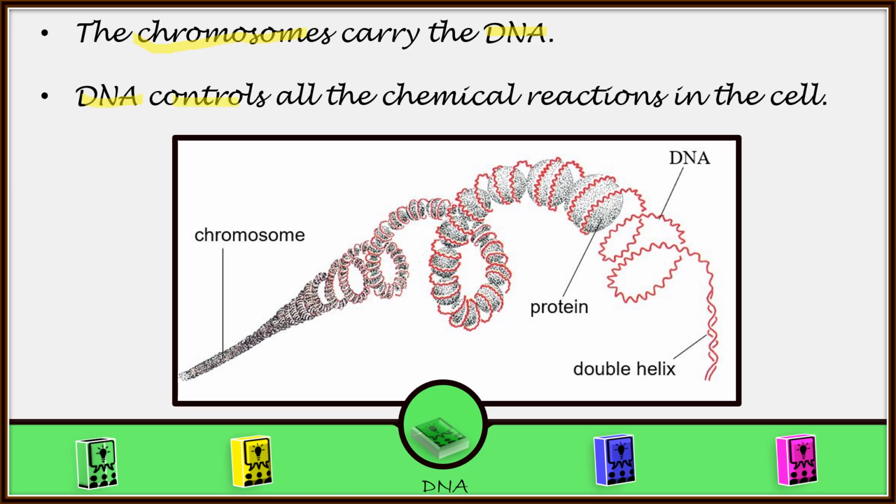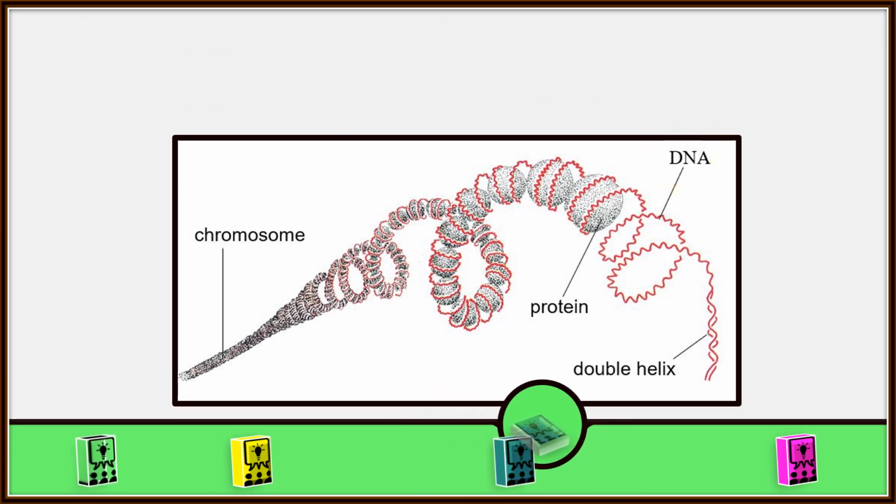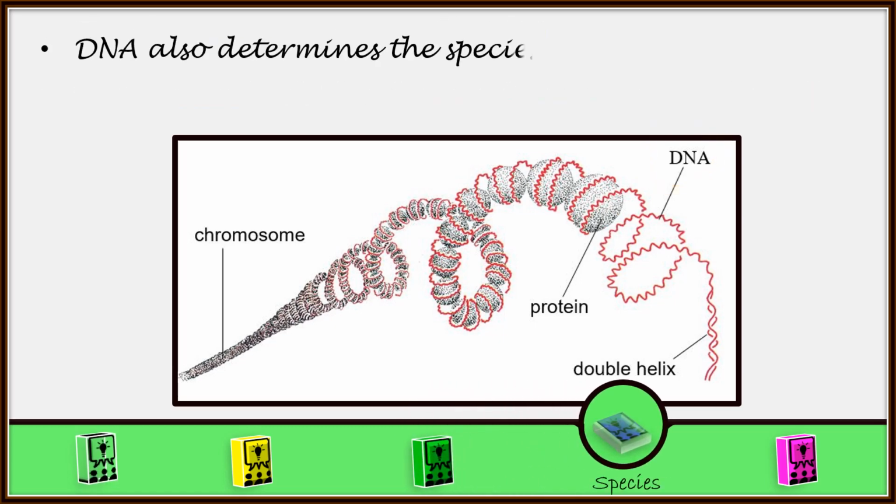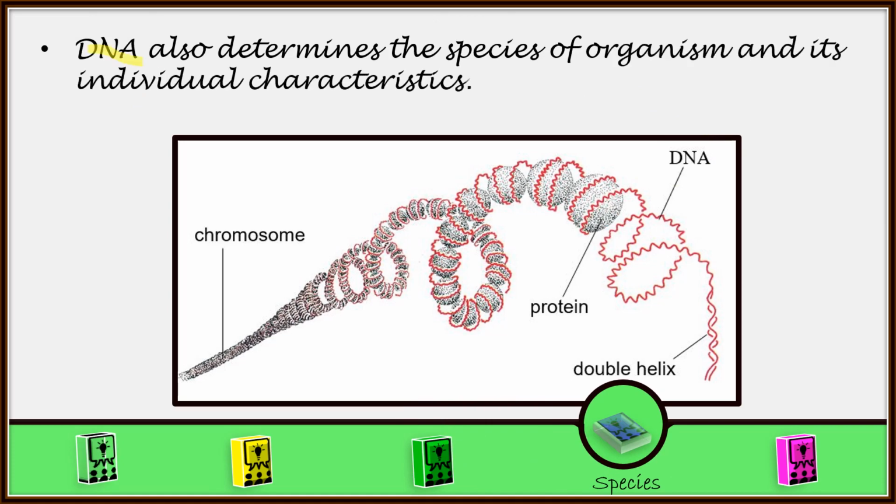DNA controls all the chemical reactions in the cell. So it is the DNA that controls all the chemical reactions that take place within a cell. DNA also determines the species of organisms and its individual characteristics.